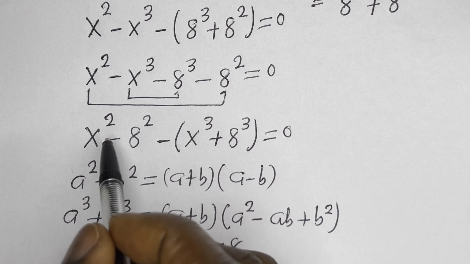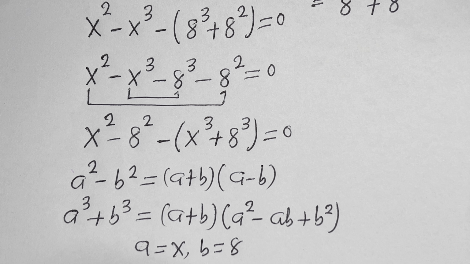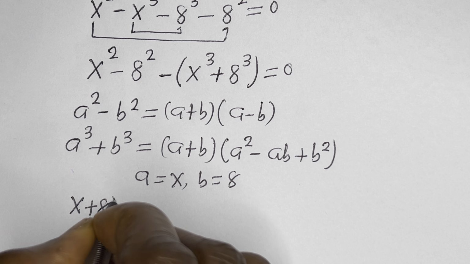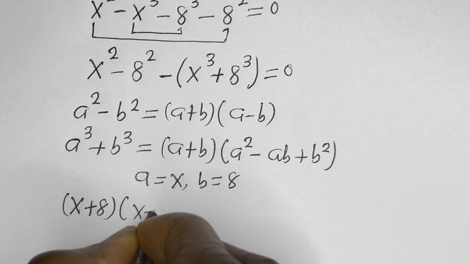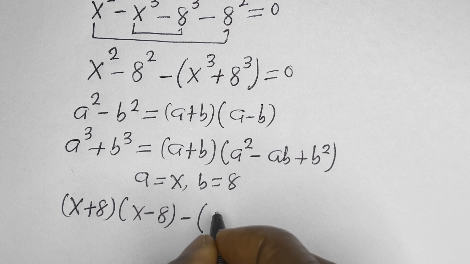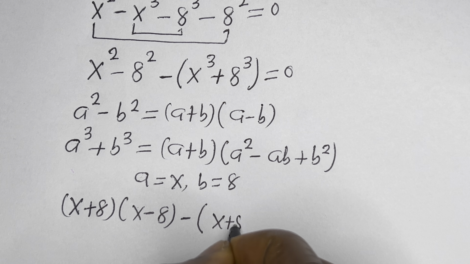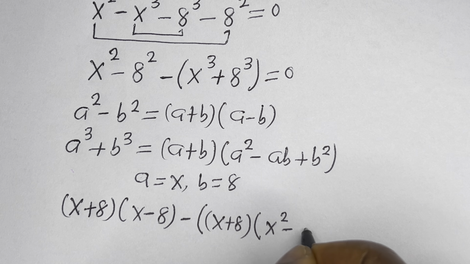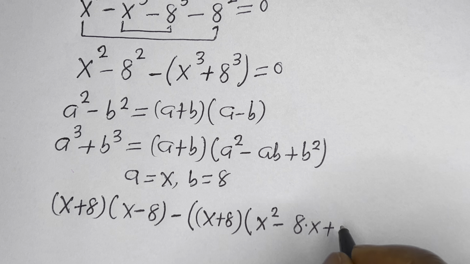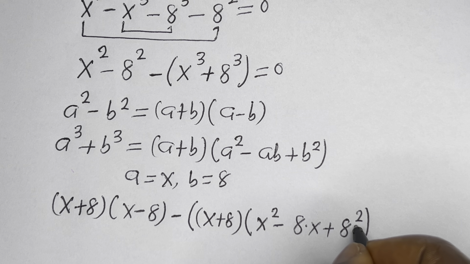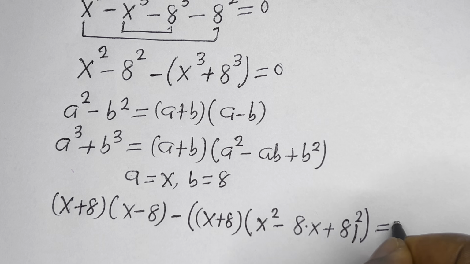Let us substitute here. We have s plus 8 bracket s minus 8 minus bracket, here is s plus 8 bracket s square minus 8 multiplied by s plus 8 square, and close here is equal to 0.